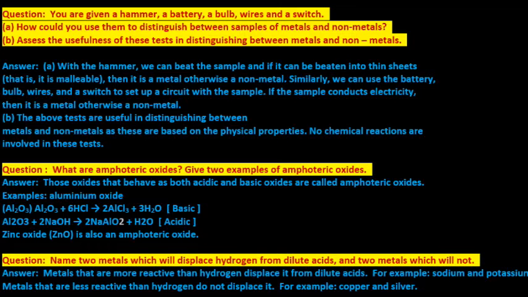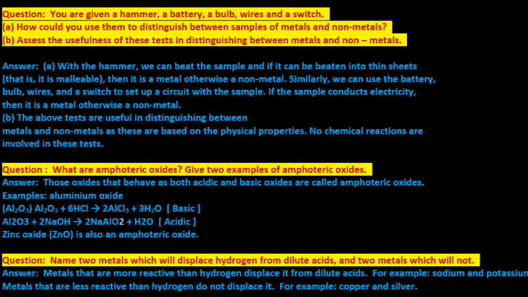Next question: you are given a hammer, a battery, a bulb, wire, and a switch. A. How could you use them to distinguish between a sample of metal and non-metal? B. Assess the usefulness of these tests in distinguishing between metals and non-metals.